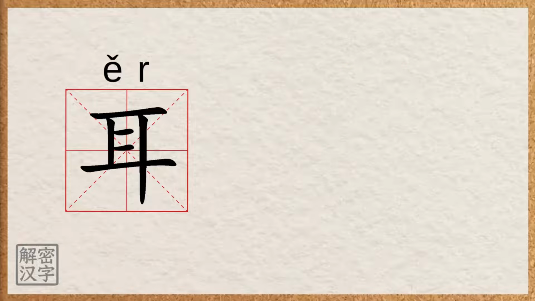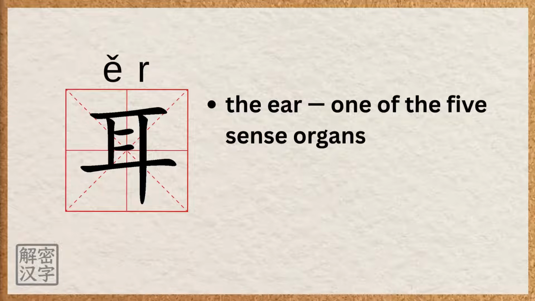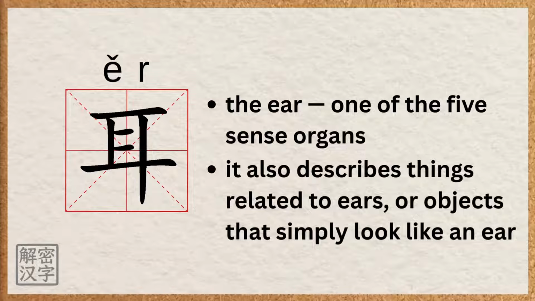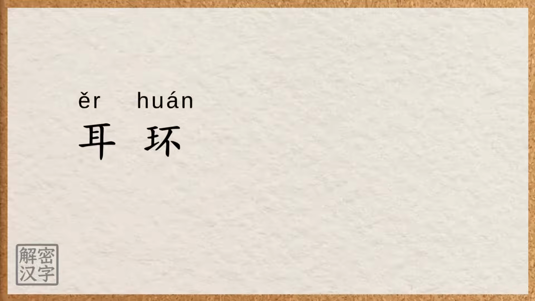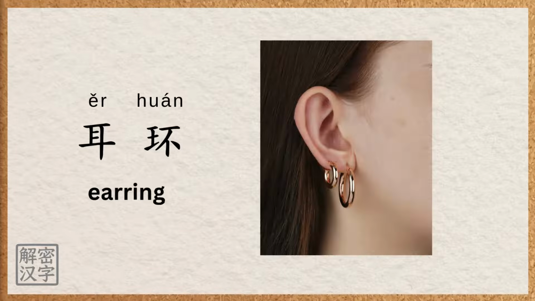The character specifically refers to the ear, one of the 5 sense organs. Sometimes it also describes things related to ears, or objects that simply look like an ear. For example, "māo ěr" means cat ears. "Ěr huán" means earrings.